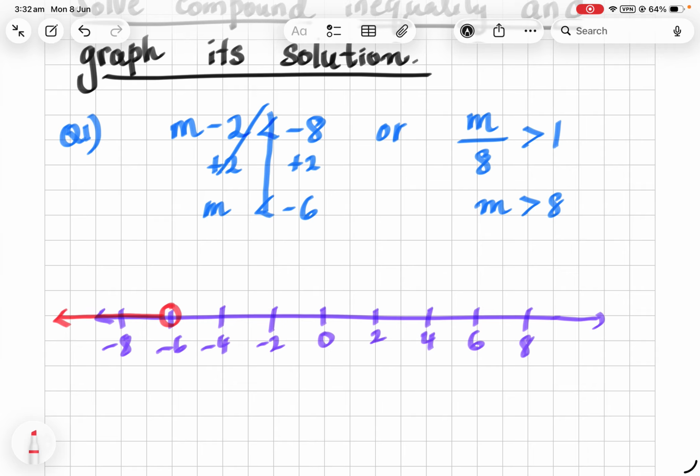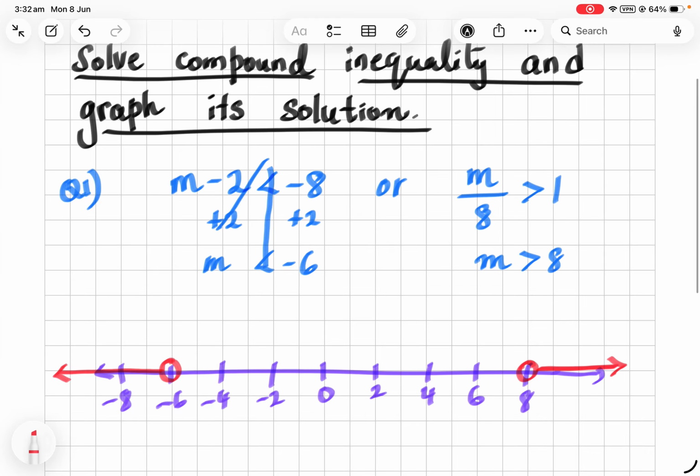And on the other one, m is greater than 8, again the inequality symbol without a line underneath, so this is going to be an empty circle and m is greater. So this is how your graphing would look for this particular compound inequality.